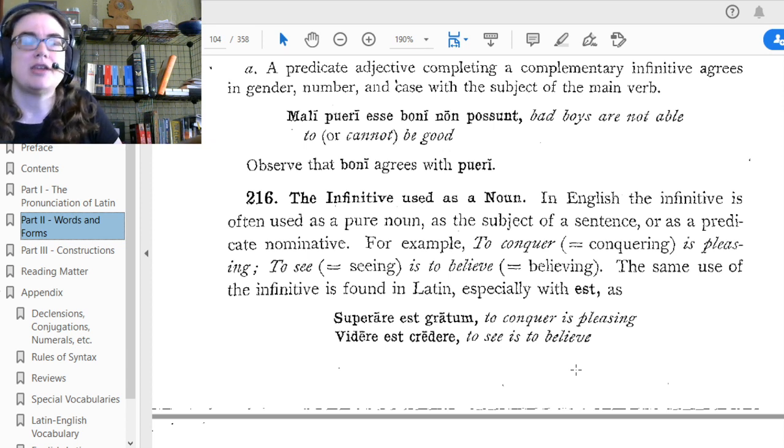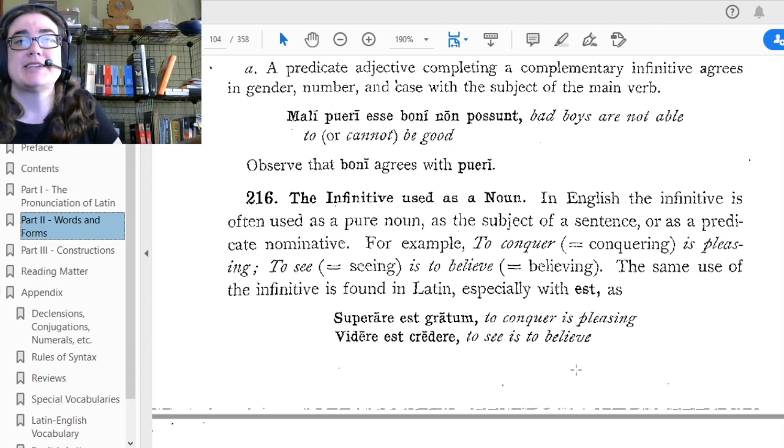You might think that you want to put the predicate adjective in the accusative, but it's nominative because it's matching the subject. So, mali pueri esse boni non possunt. Bad boys are not able to be good, boni. Nominative, masculine, plural, not accusative, even though it's going with to be, an infinitive. It's modifying pueri.